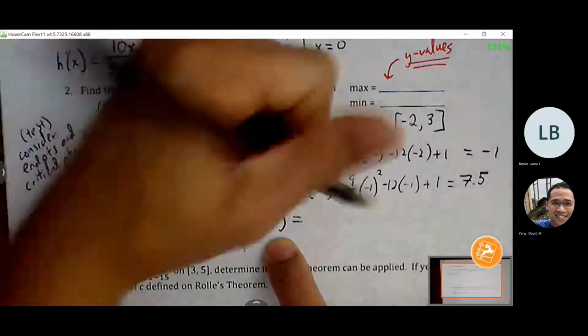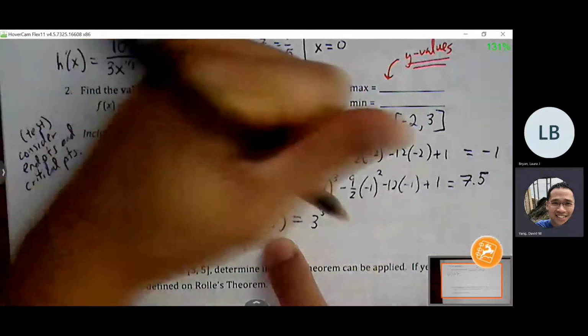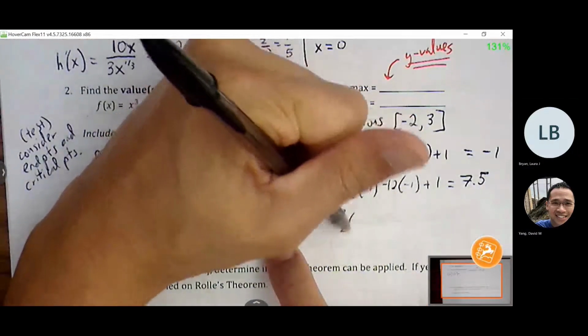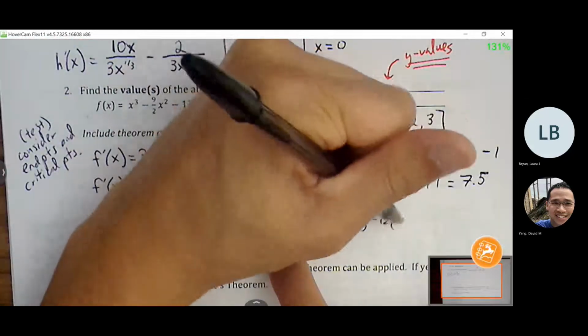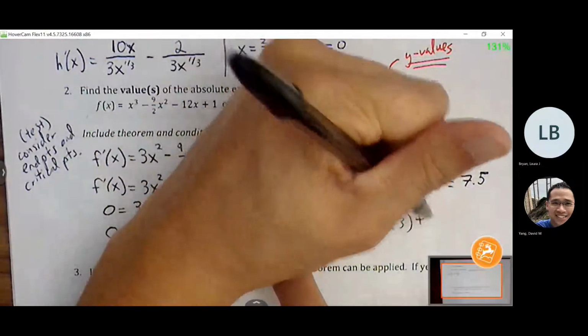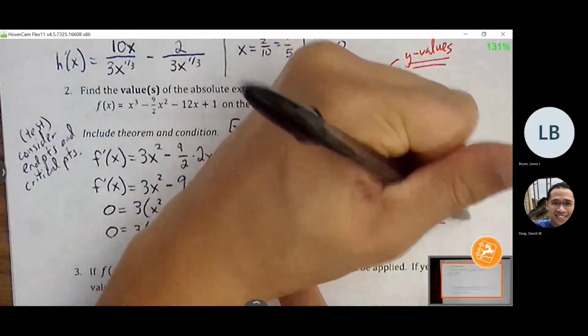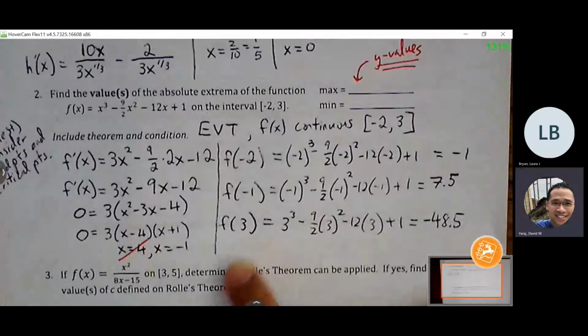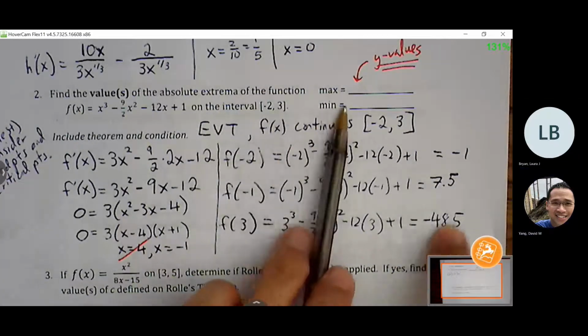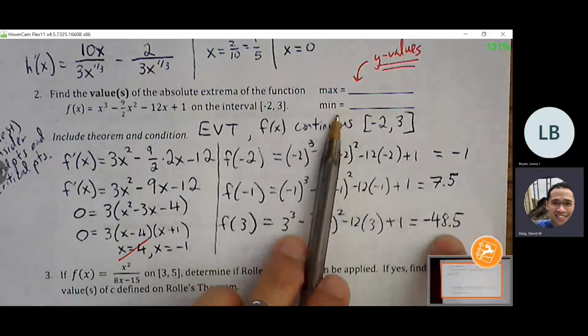Three. Okay, so we only care about the y values. The max is 7.5, and the lowest is -48.5.